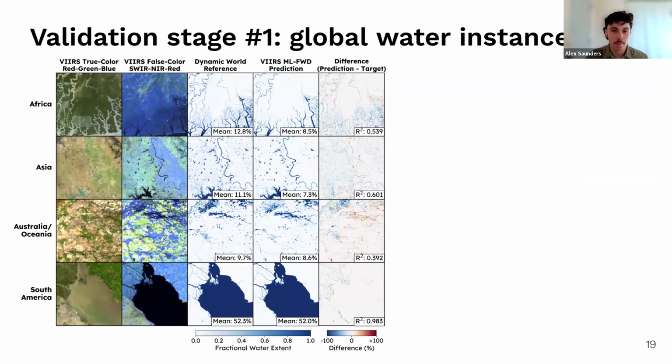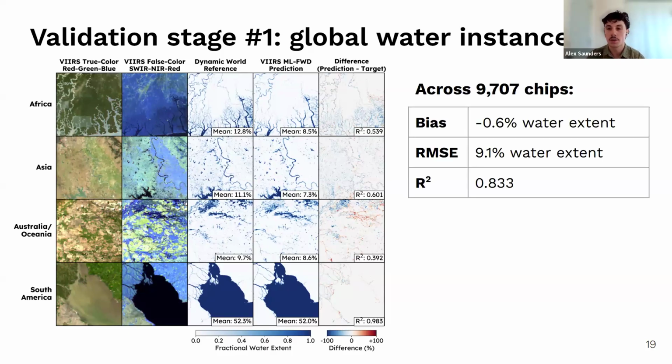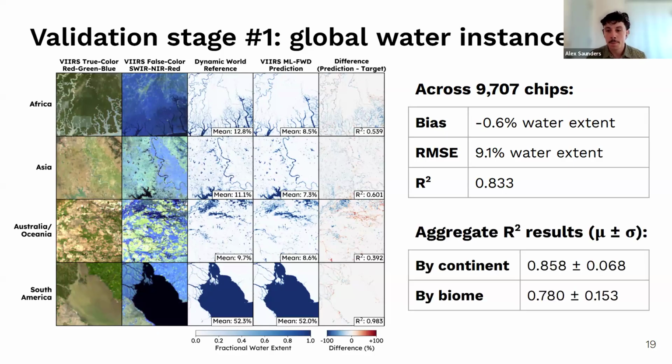Overall, our model does do a good job of capturing the overall water patterns that we see and the diversity of the types of water bodies that we captured in our training data set. Across those nearly 10,000 chips, those are our aggregate statistics. One nice thing to point out is that overall we had a mean error of less than 1% water extent compared with our Dynamic World reference. So pretty marginal bias overall, which was good to see.